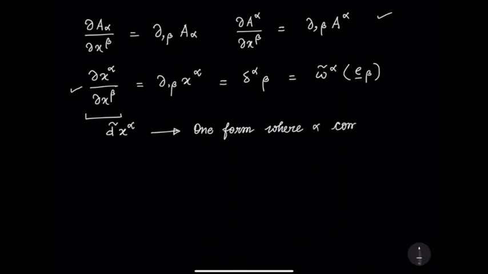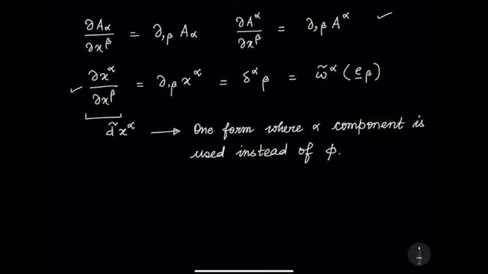So I can write the alpha component of x instead of phi. So just like d tilde phi was a one form, this is also a one form.